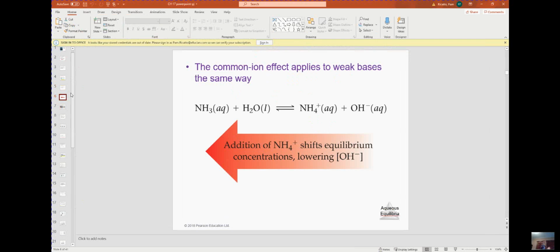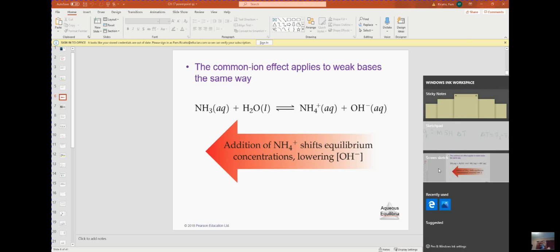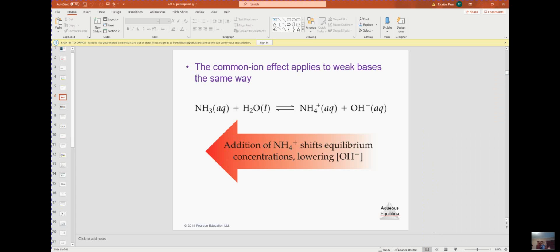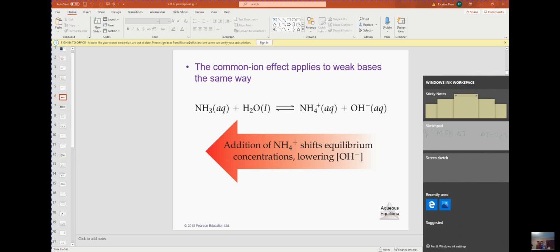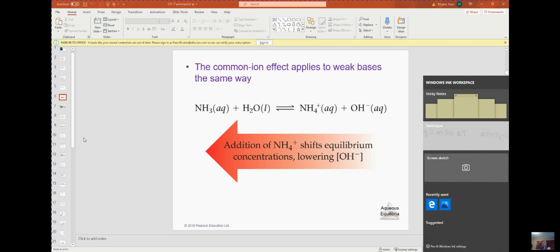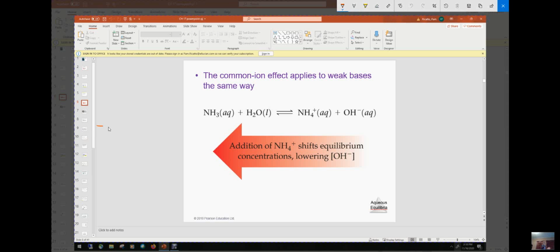Okay, so the common ion affects weak bases in the same way. So let's say I have a solution and it's minding its own business, and it's a solution of our favorite base, ammonia. Okay, so here's our beaker.